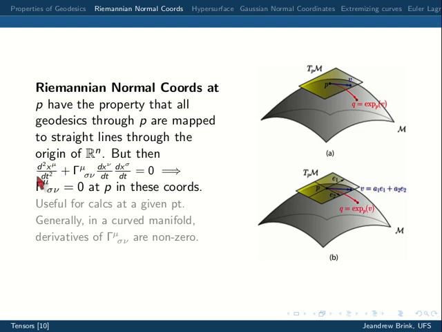What that means is that at your particular point P, all the Christoffel symbols must be 0. By watching geodesics, the particle will freely flow along there, therefore the connection is 0 when you move from this point to that point.